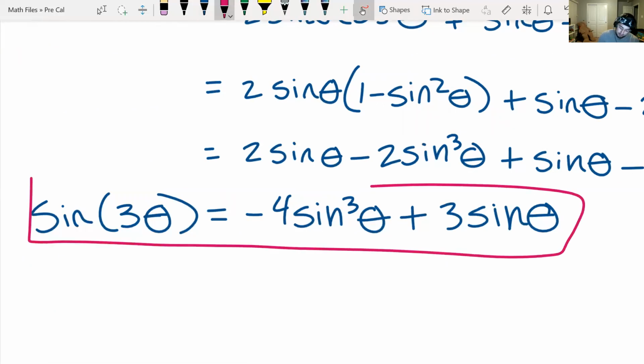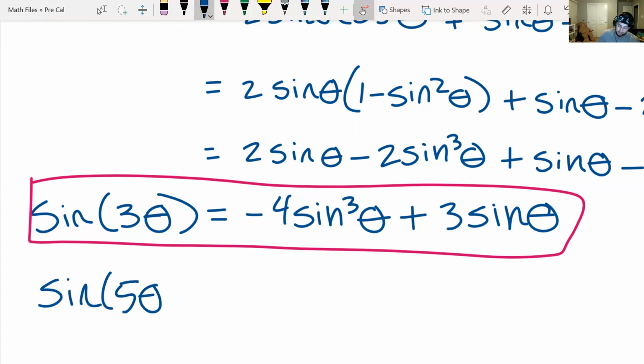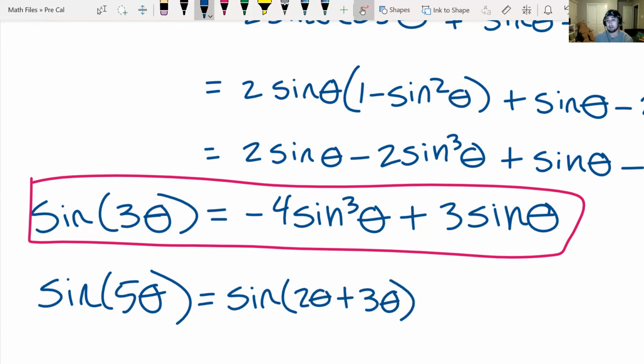Save that. And also save this because I believe in your homework, you're going to be told to find an expression for sine 5 theta, find a formula for that. So you can break this into two angles. Guess what you're going to choose? Sine 2 theta plus 3 theta.